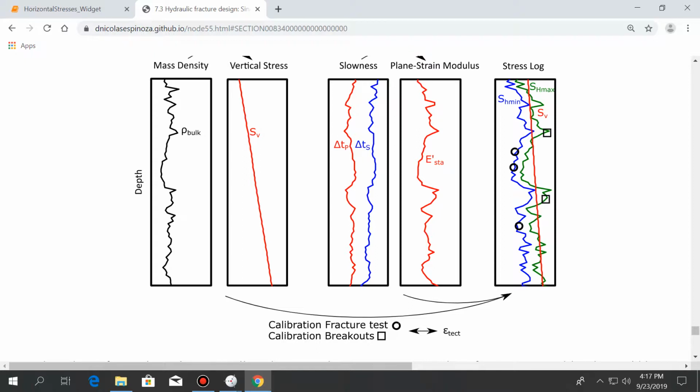And this refers also to the last question of the project. We want to know these profiles of horizontal stress because there are going to be places where horizontal stress is going to be a local minimum.